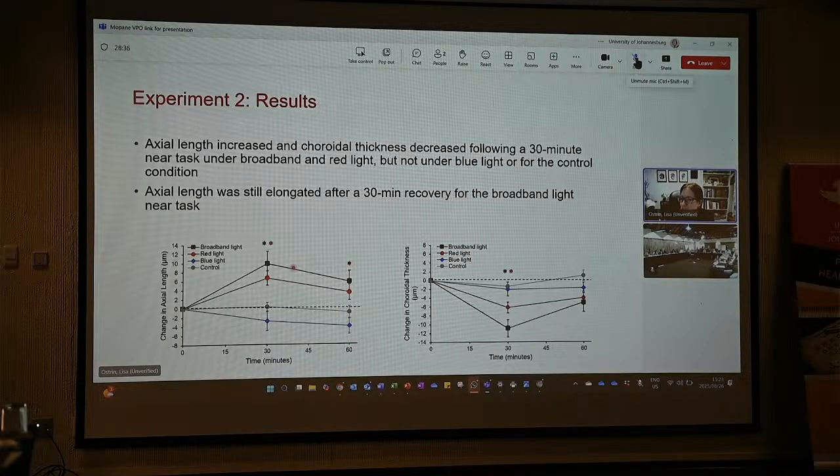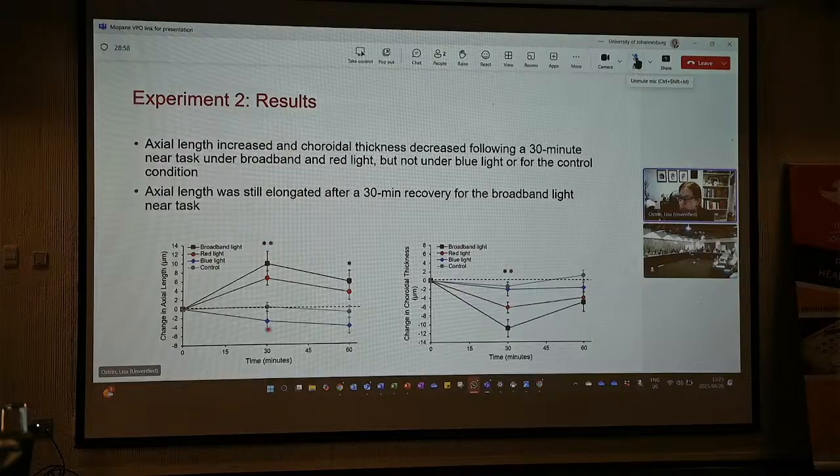And for this experiment, this was young adults, we found that axial length increased and choroidal thickness decreased when doing the near task in broadband light and red light, but not when doing the task in blue light or the control condition of using a distant TV and broadband light.